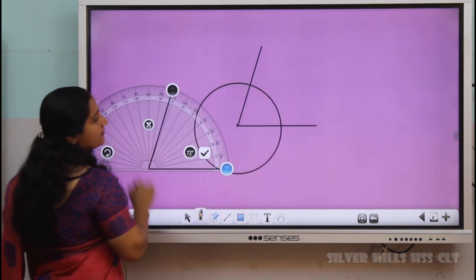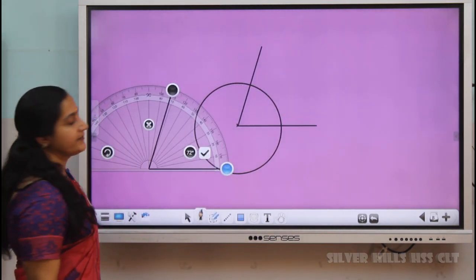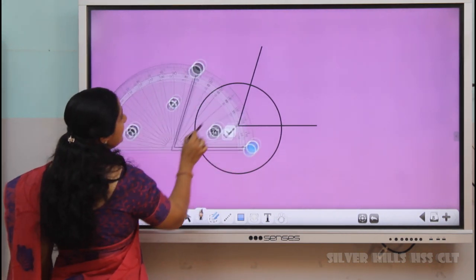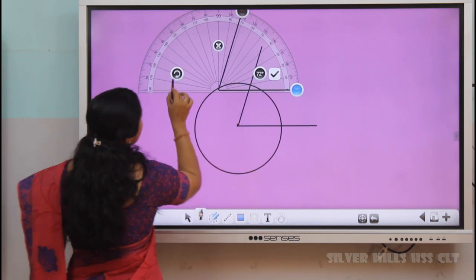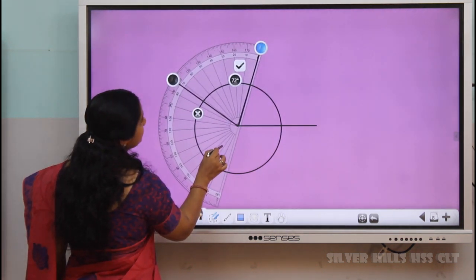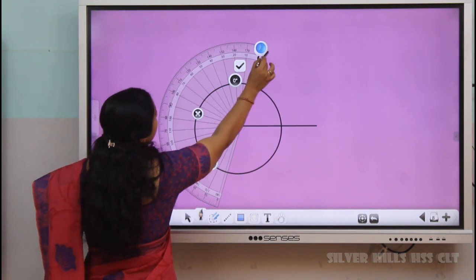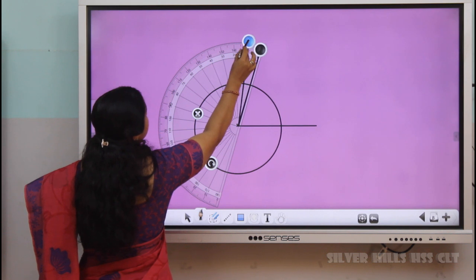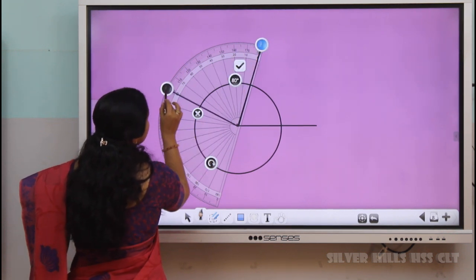So, the first part is over. Then again we have to take 72. How? Fix the protractor to the center. Again take 72.